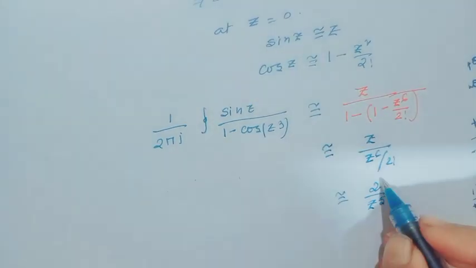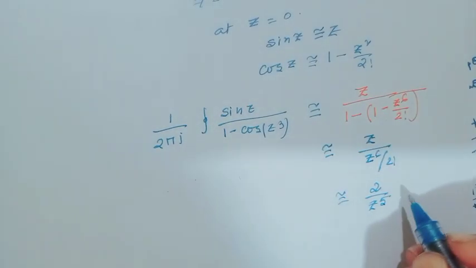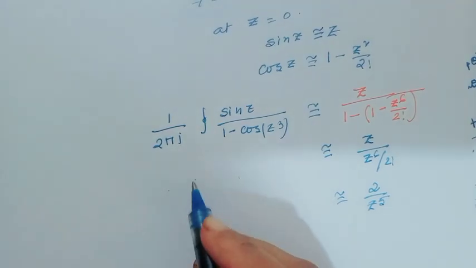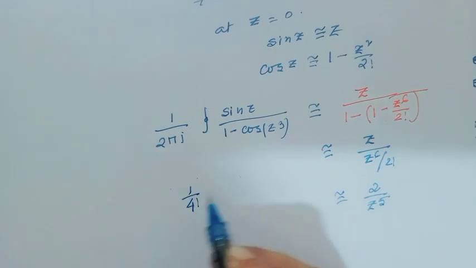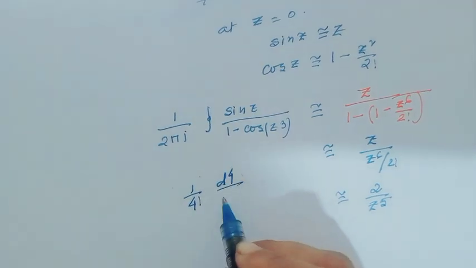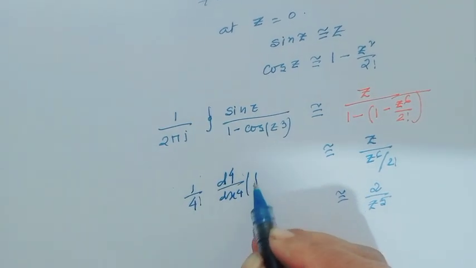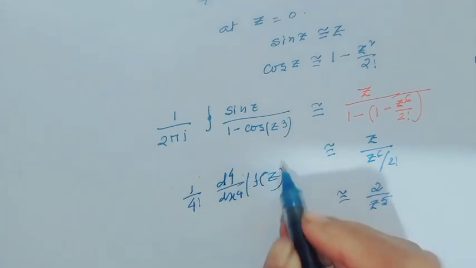Since this has a pole of order 5 at the point 0, the value of the integration would be 1 over 4 factorial d4 over dz4 of f(z). Here f(z) equals this.